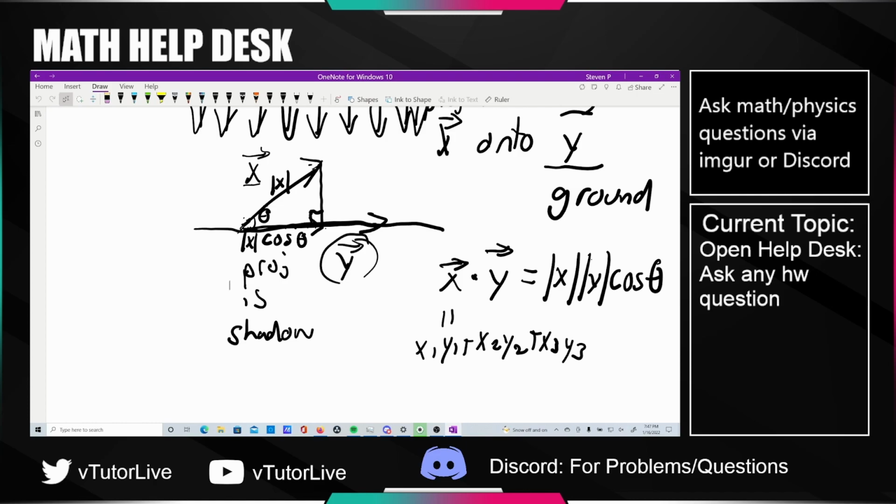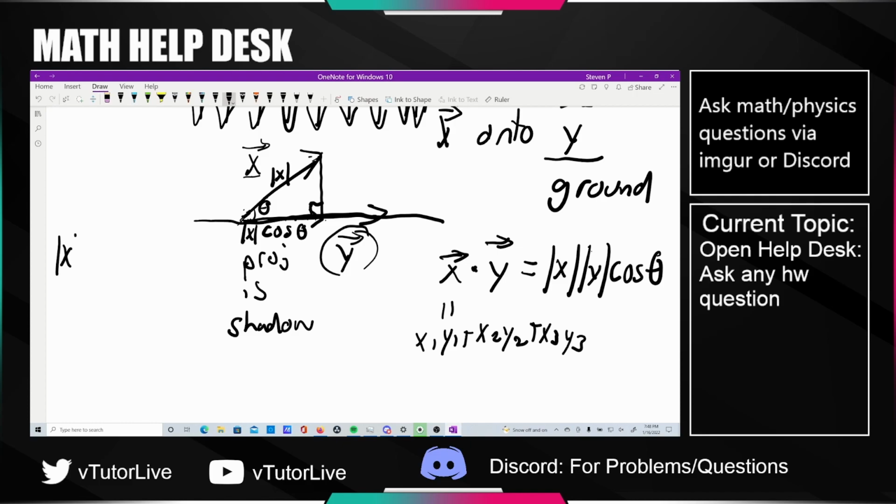So basically, we know what x is. We know the value of x because we're literally given it. And we could find the magnitude if we wanted. That's just the distance formula. Do you remember that? The distance formula is the root of something. Yeah, I'll just remind you that the absolute value is just the square root of x1 squared plus x2 squared plus x3 squared.